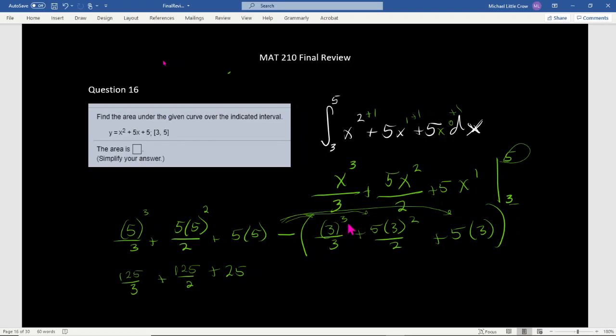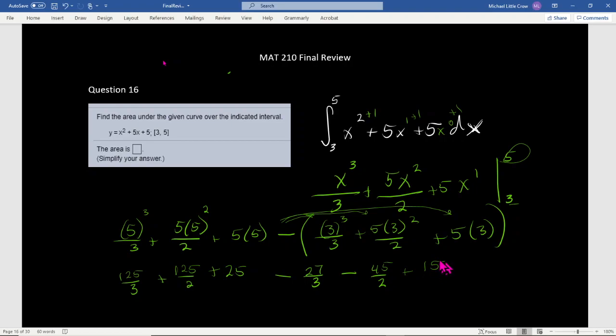So then we've got 3 to the third, that is 3 times 3 is 9, that's 27 over 3, and I'll put a negative on it. Well, these all reduce, except for this one. So then we've got a negative here, and that's 3 squared is 9, 9 times 5 is 45 over 2. I think that'll also all end up being integer, and then plus we got a plus 15.